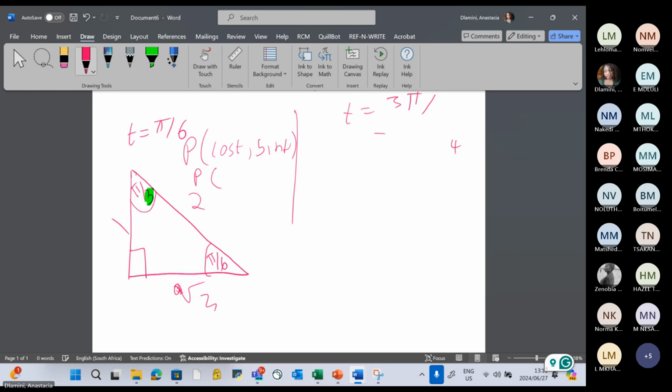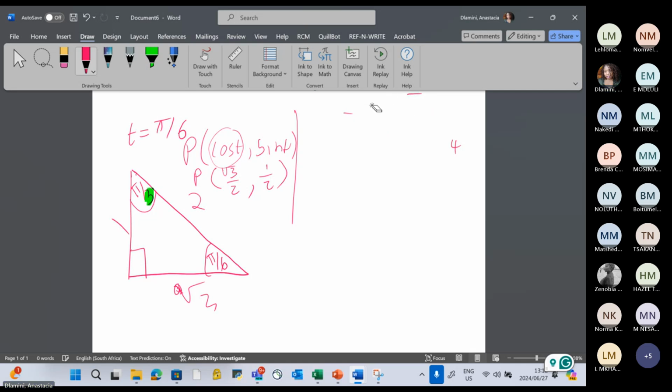Cos is root 3 over 2, and sine is 1 over 2. So do you see how I find the terminal points? I didn't cram that table.